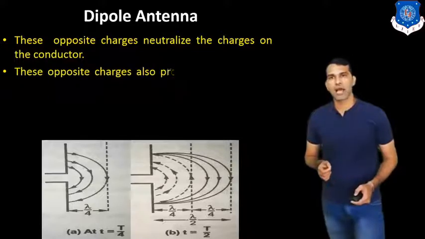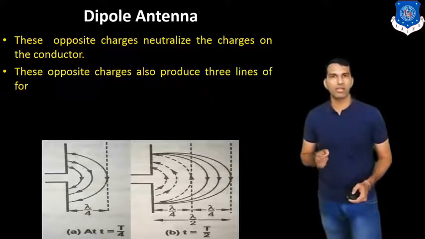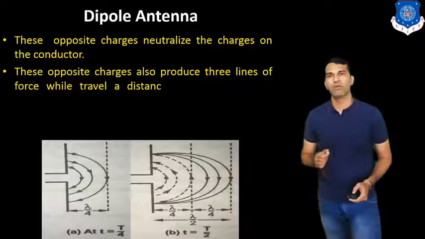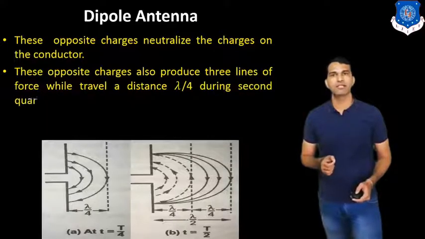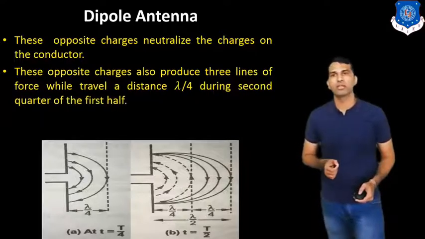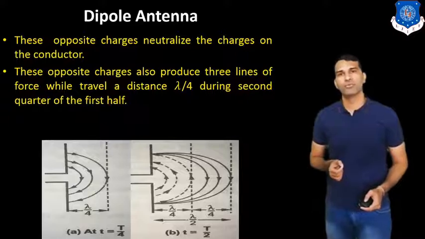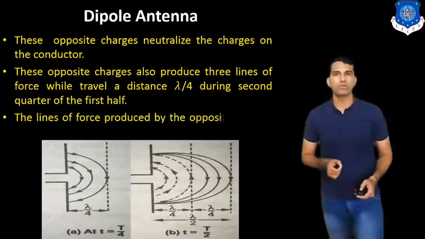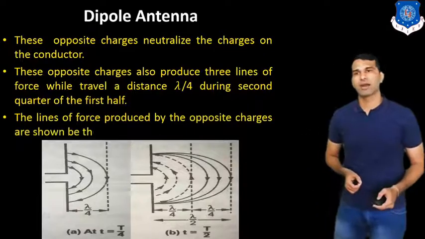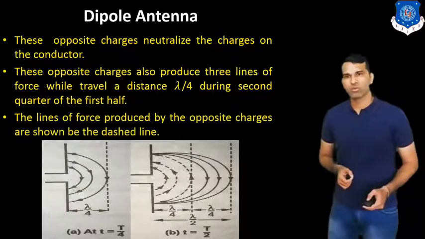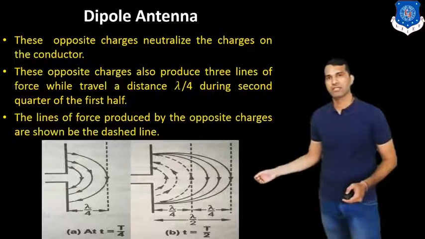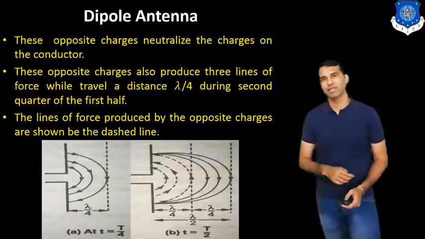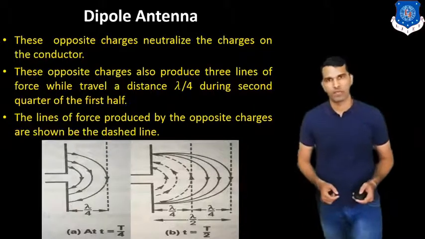This opposite charge also produces lines of force while traveling a distance lambda by 4 during the second quarter of the first half. The lines of force produced by the opposite charge are shown by the dashed line. We can see here this dashed line.